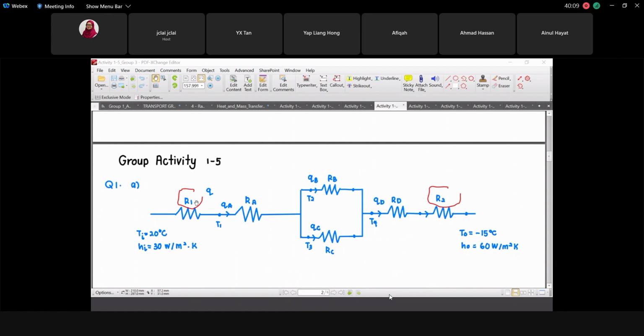Here is good if you put R in, here is R out, right? Because the temperature here is TI, so you put TI, but here you put R1. It's inconsistent. So make sure the symbol used is consistent with the information given. This will ease your work as well, so that you won't get confused. So group 3, you get the comment, right?